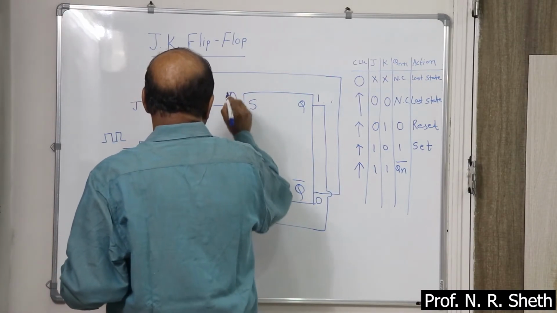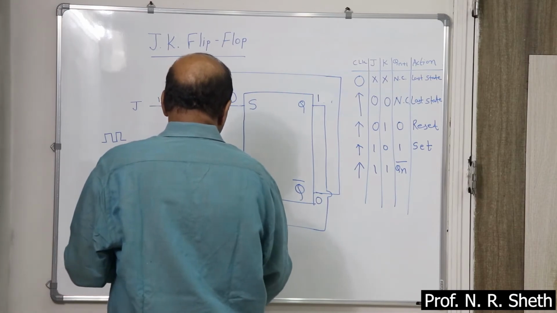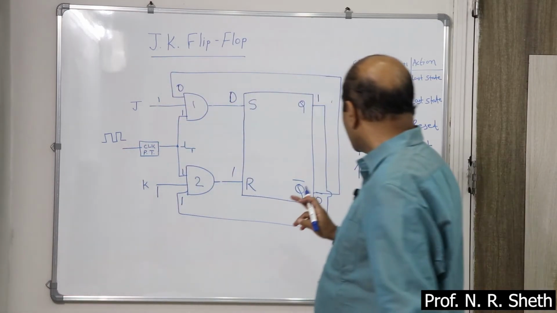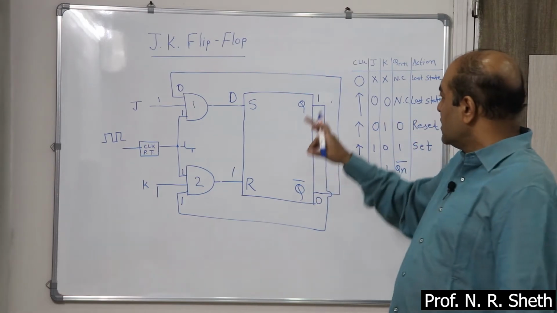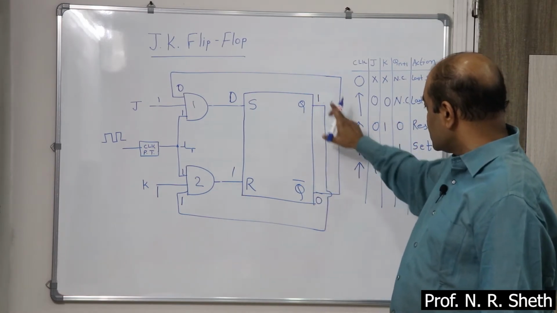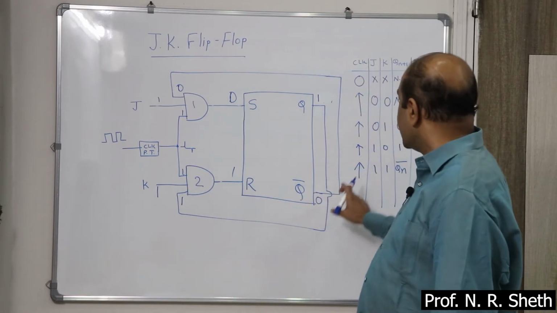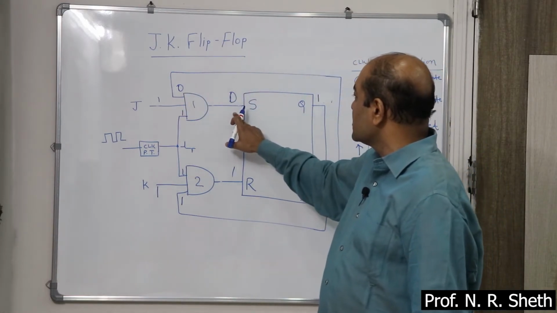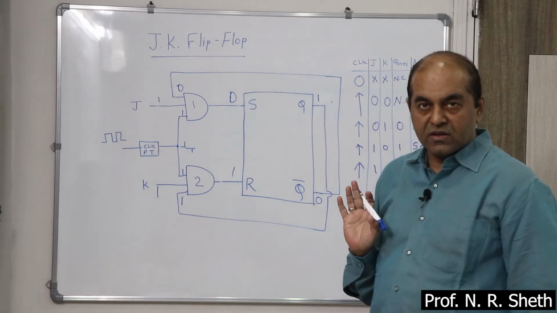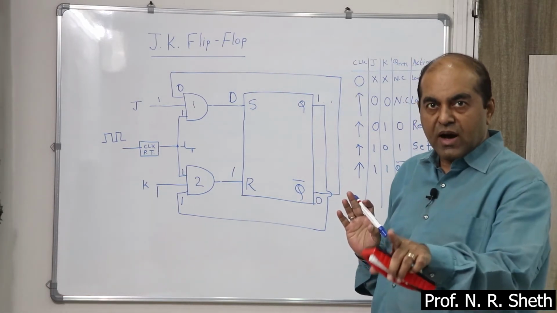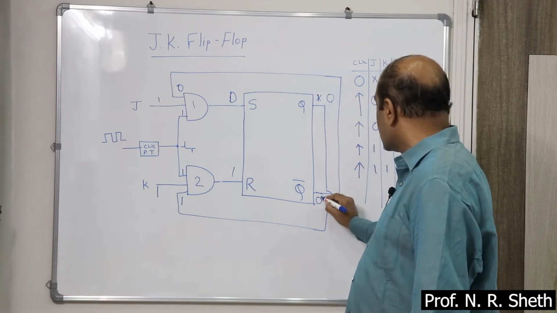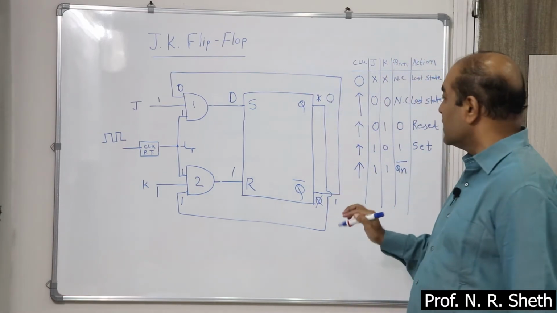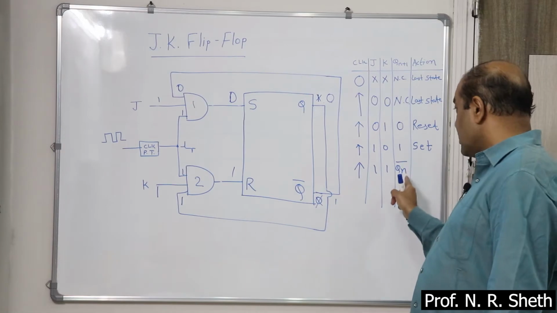So 1 comes here and 0 comes here. So S is 0, R is 1. So Q becomes 0 and this becomes 1. So again it is Qn bar.